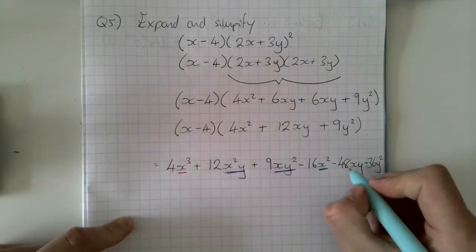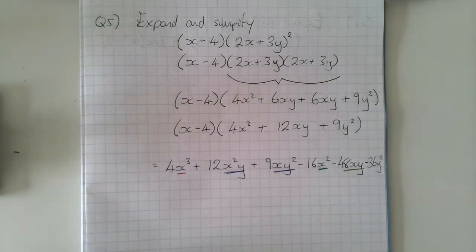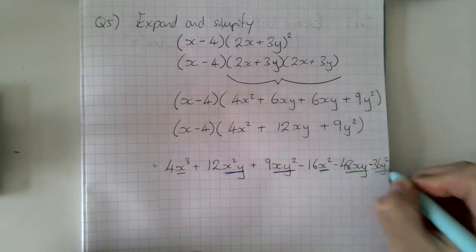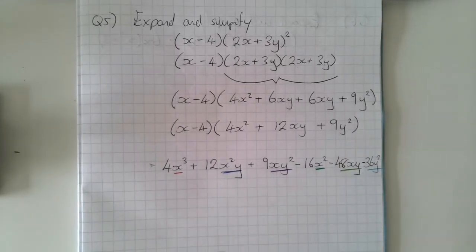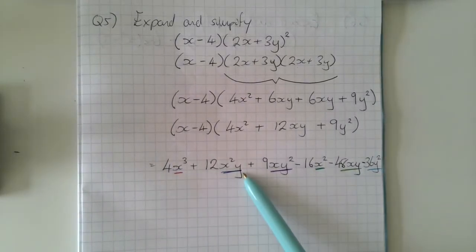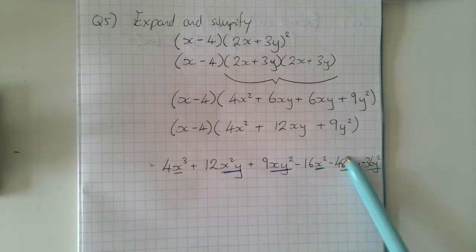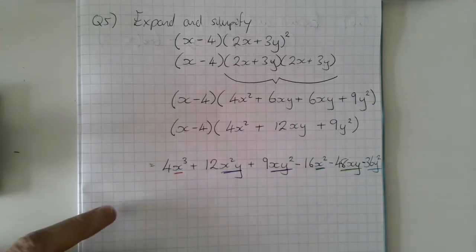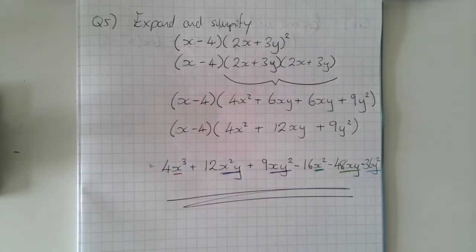I've got an xy, and I've also got a y squared. I don't know if you can see this very clearly, but I've underlined each of these terms in different colours, just to show that they're all different terms. None of these are the same. So that means that this is going to be my final answer for question 5.